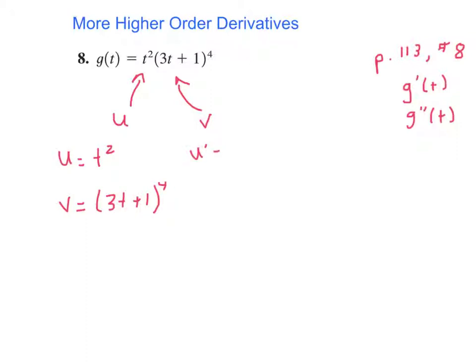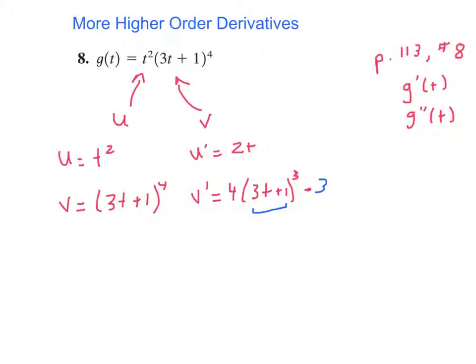So u prime is 2t and v prime is 4 times 3t plus 1 to the third. That's part of the chain rule. And then you have to multiply by the derivative here, the 3t plus 1, and that is 3.